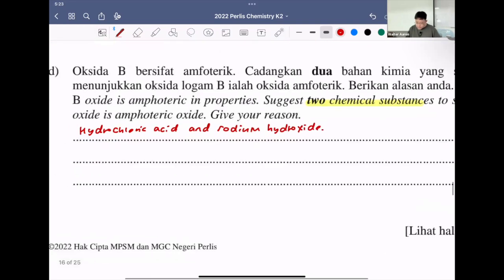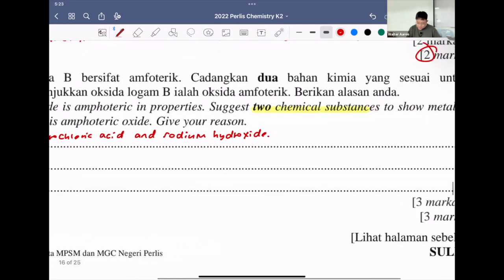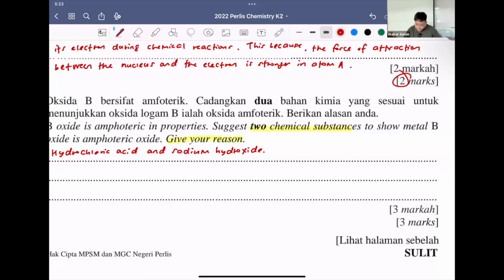Right, and then of course, I ask you to explain one more reason. Why do you have to use these 2? Because you say that amphoteric oxides like oxide B can react with both acid and alkaline substances.